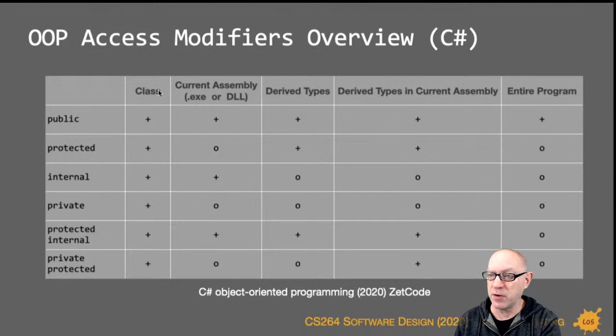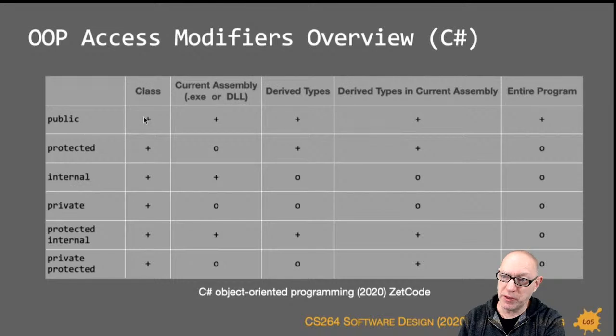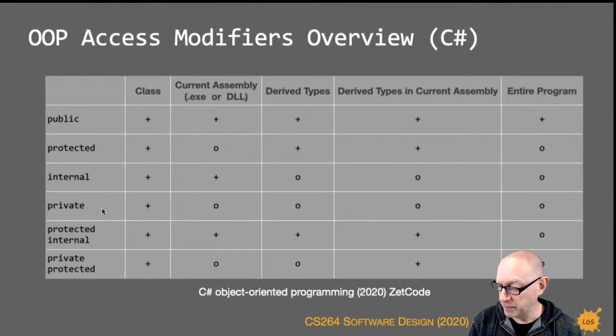And here are the various organizational structures that you might have: a class, the current assembly, derived types, these are subclasses, derived types in the current assembly, and an entire program. The plus means that the member is visible, and the O means it's not visible. So it's a nice table. It's definitely worthwhile having a look at and using, and with practice and context and examples, you'll figure out how to do all of this.